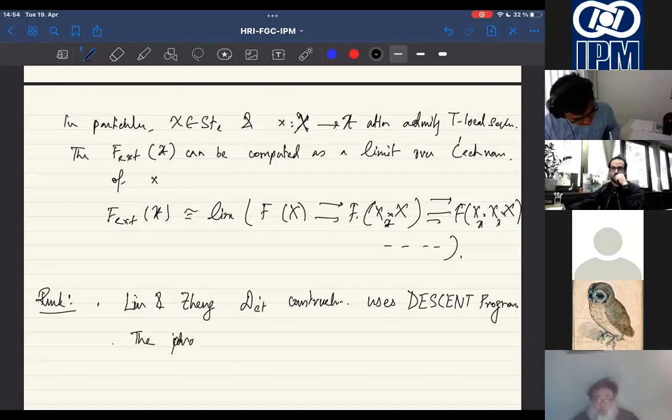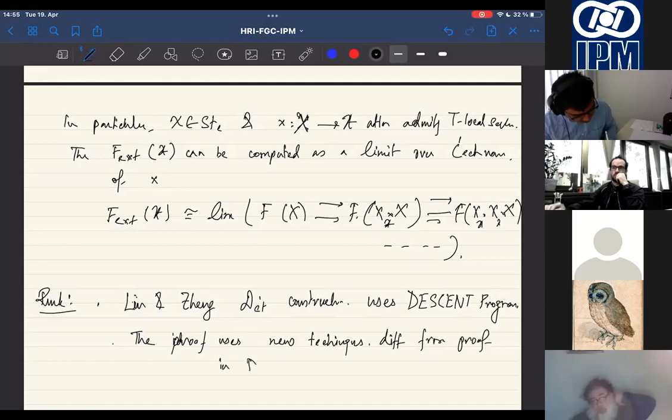the proof uses new techniques, different from the proof in the descent program.